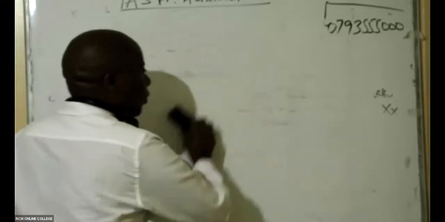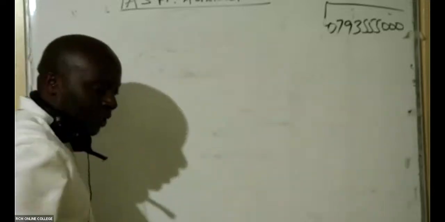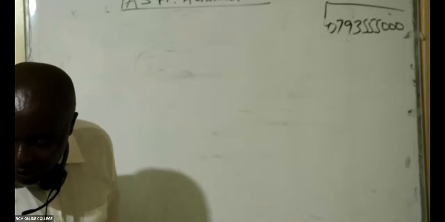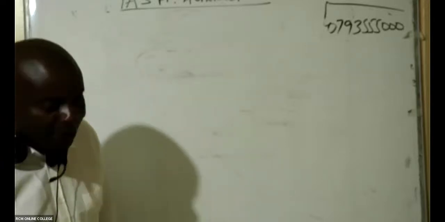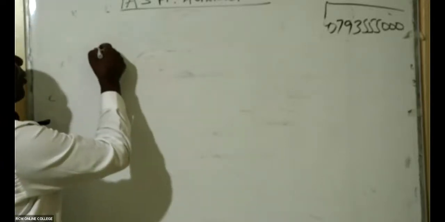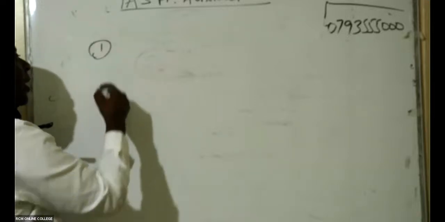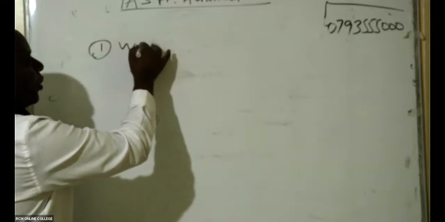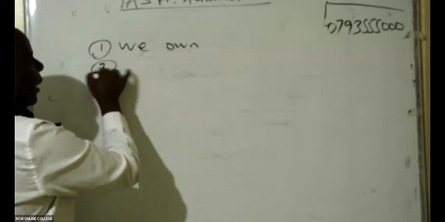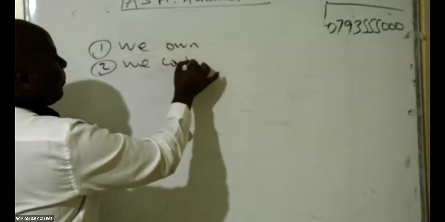Number one, the company must be owning. I can only account for a biological asset if I own it. Number two, we control it.